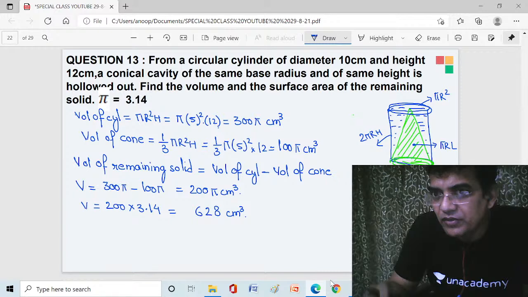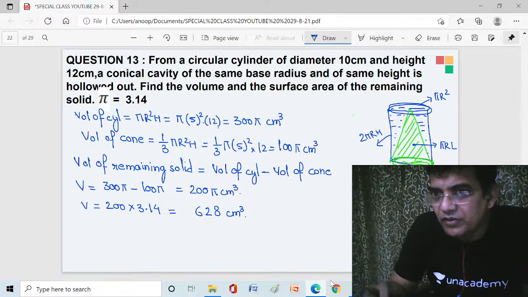One is the curved surface area of the cylinder from outside, one is the circular portion, and from inside, it's the curved surface area of the conical cavity, so pi r l. That means to calculate this, first of all, the slant height is needed. So let's calculate the slant height here.